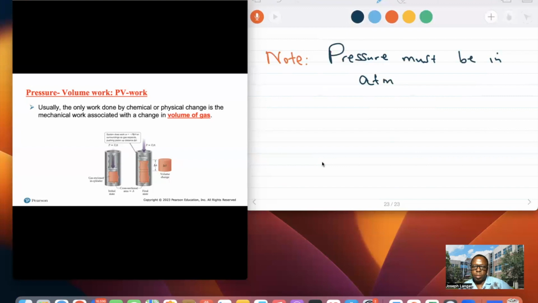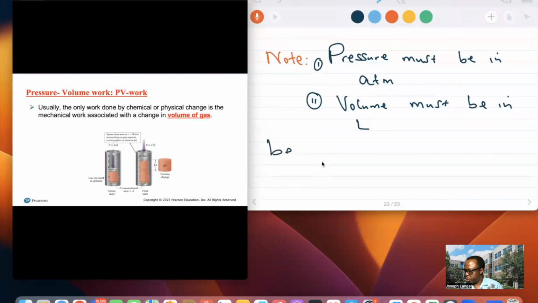Remember in chapter 6, gases, atmospheres. You have to change to atmospheres using appropriate conversion factor. If it is in torrs, PSI, anything else, you have to change the pressure to atmospheres. That is one. Two, volume must be in liters.